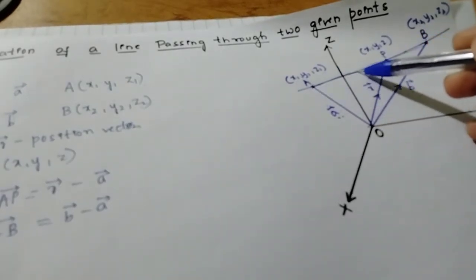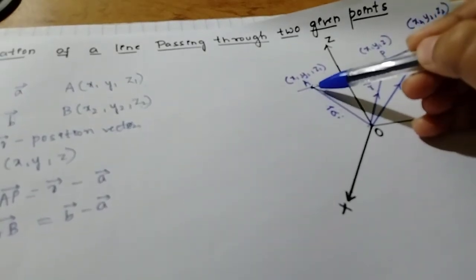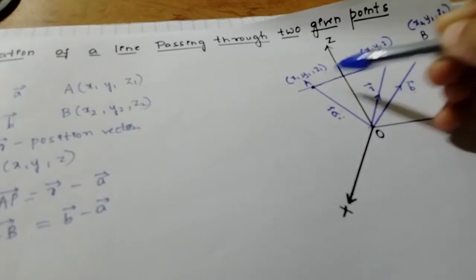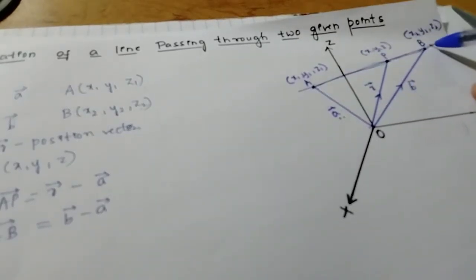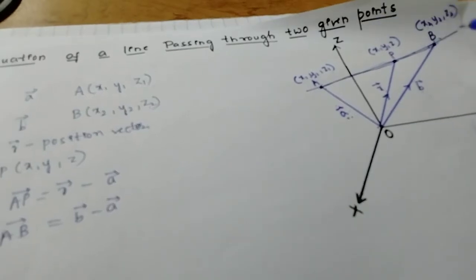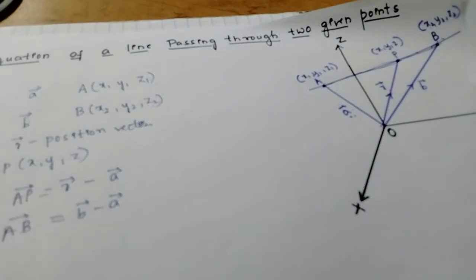All three points A, P, B are lying on the same line. So these are collinear vectors.